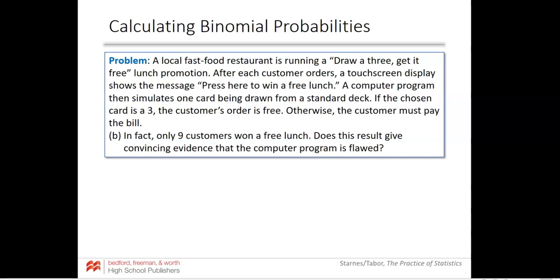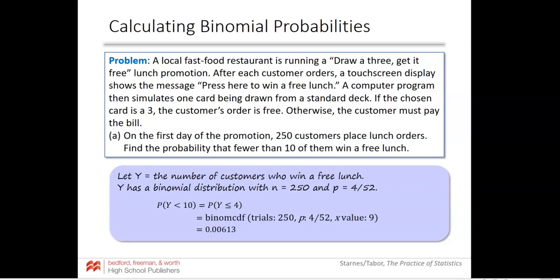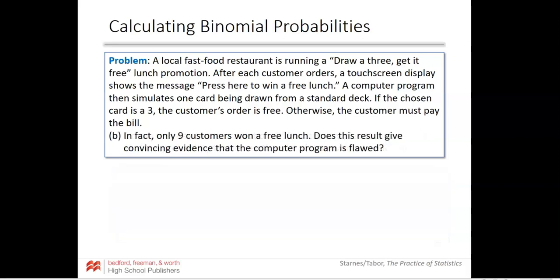In fact, only 9 customers won a free lunch. Does this give convincing evidence the computer program is flawed? So let's think about it. 9 is in this range of values that is less than 10. So 9 is in that range. There's only a 0.6% chance, less than 1% chance, 0.006, that's a 0.6% chance of this happening.